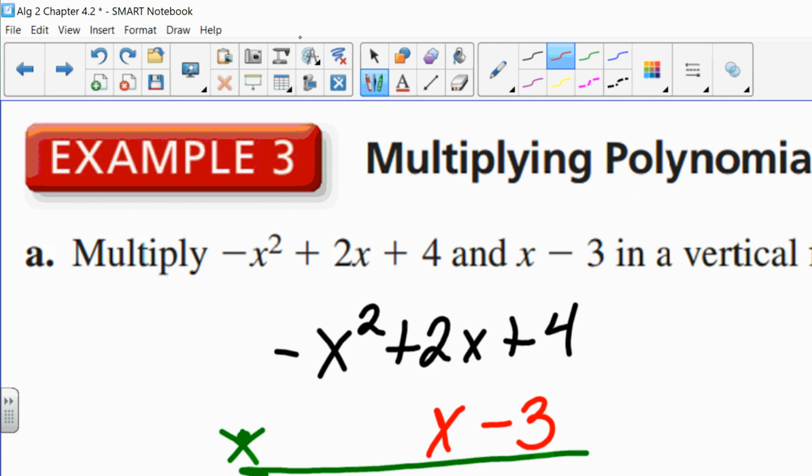Because if we multiplied two things together, we would do negative 3 times 4, which would be negative 12. Then we would do negative 3 times 2x, which is negative 6x. And lastly, negative 3 times x squared is negative 3x squared.